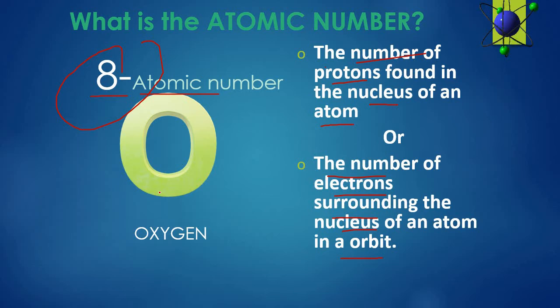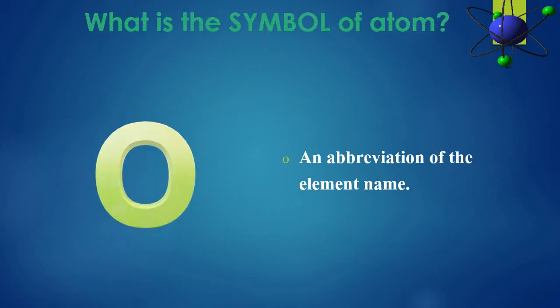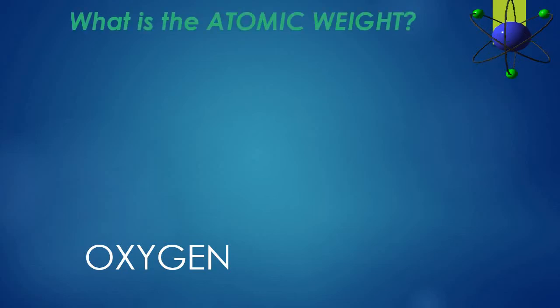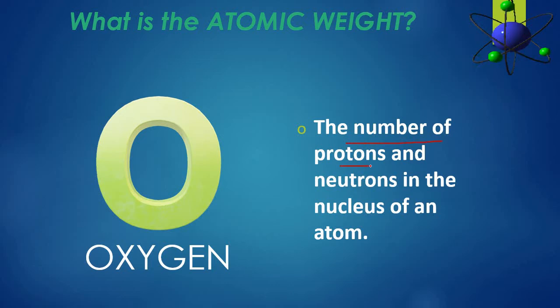So students, now we see what is the symbol of an atom. O is the symbol for the oxygen atom; the abbreviation of the element name is the symbol. Now we see what is atomic weight. The number of protons and neutrons in the nucleus of an atom is the atomic weight or atomic mass of the oxygen atom.